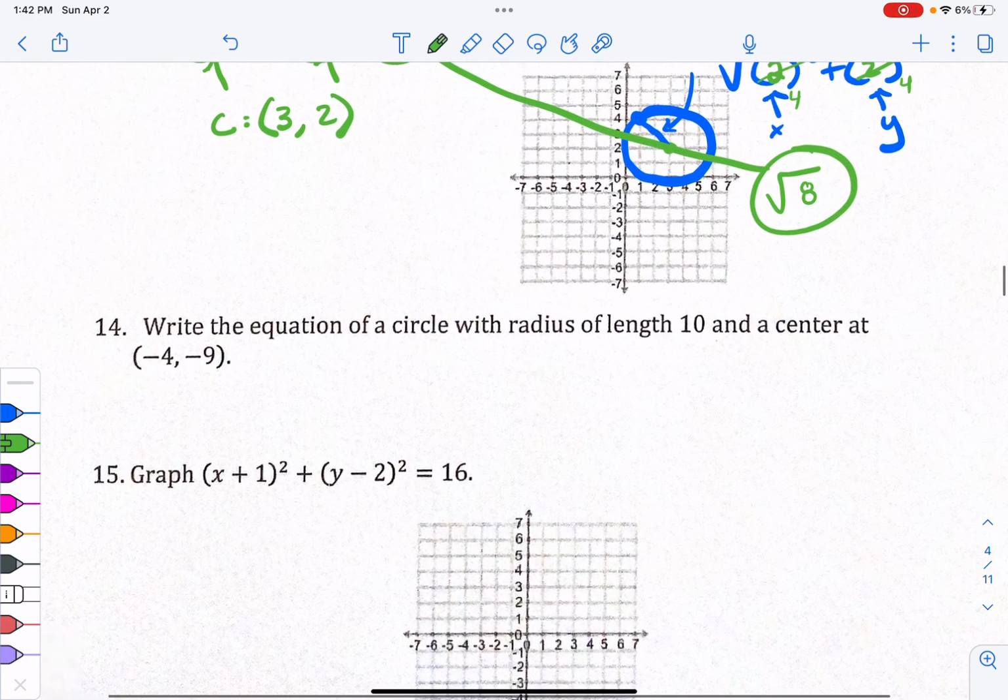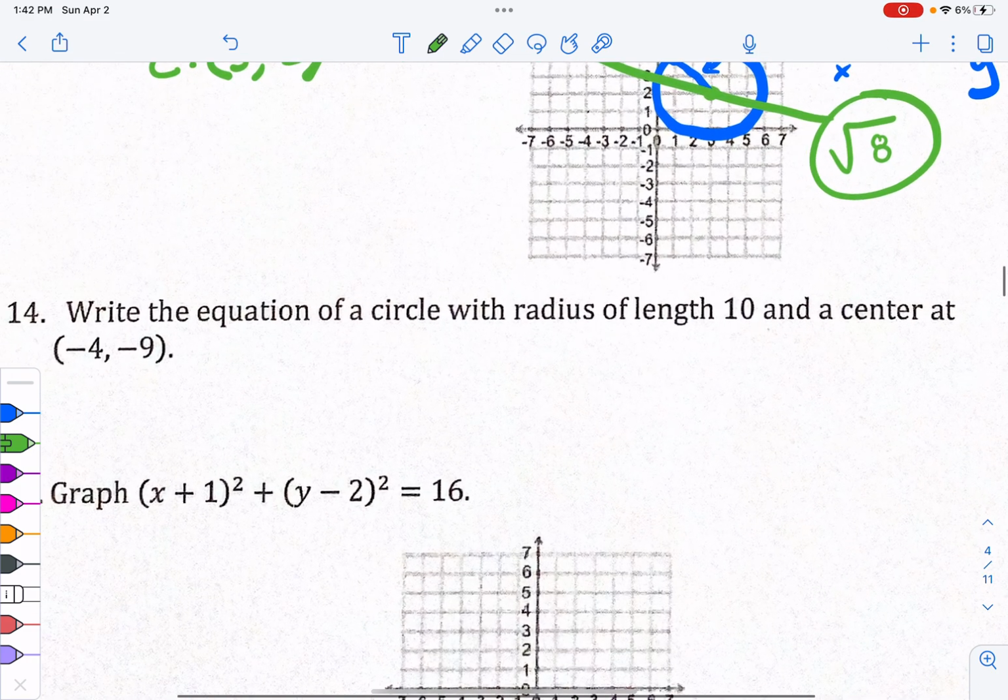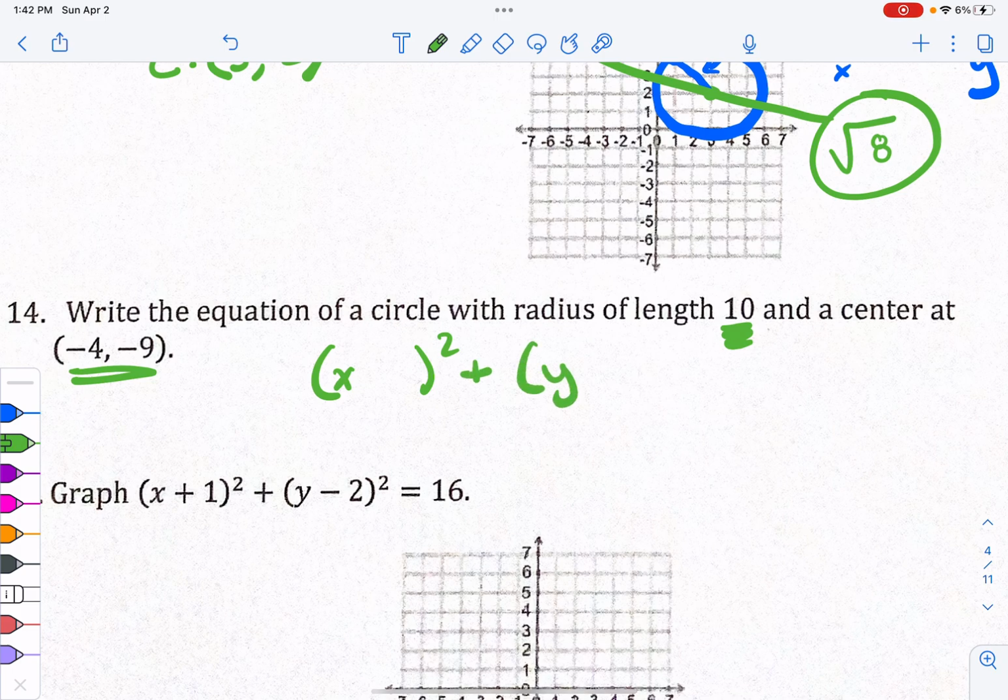Okay. All right, write the equation of a circle with a radius of 10 and a center at -4, -9. So we go x plus or minus something squared plus y plus or minus something squared equals the radius squared, okay? And this is kind of like a squared plus b squared equals c squared, that type of thing. A lot of people get confused whether this is a plus or a minus.